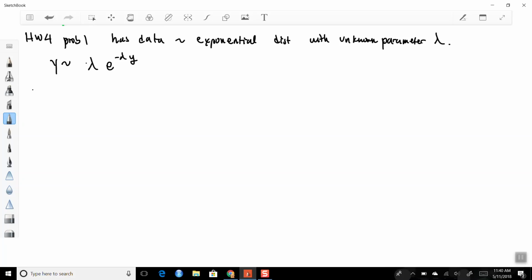Then the conjugate prior is the gamma distribution, and its PDF is this constant, beta to the alpha divided by gamma of alpha. This is just a constant.